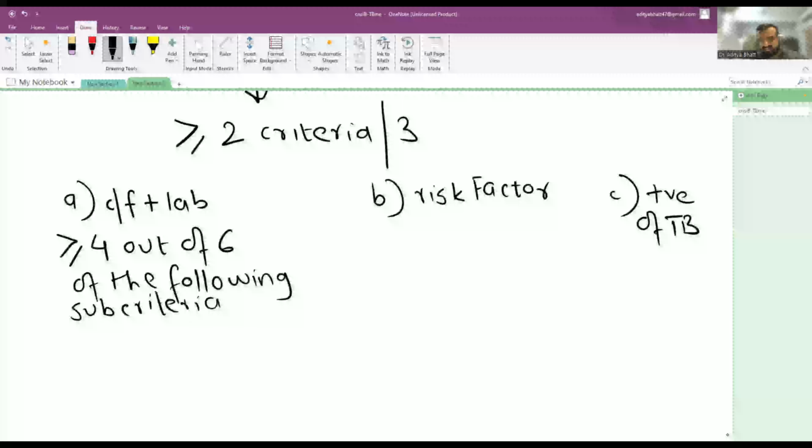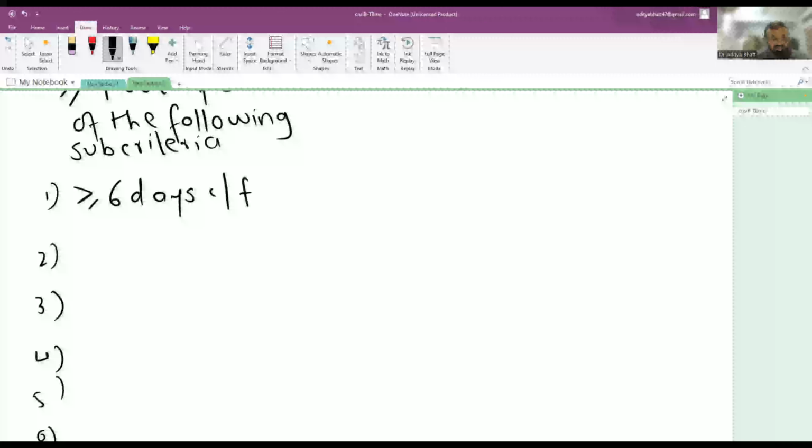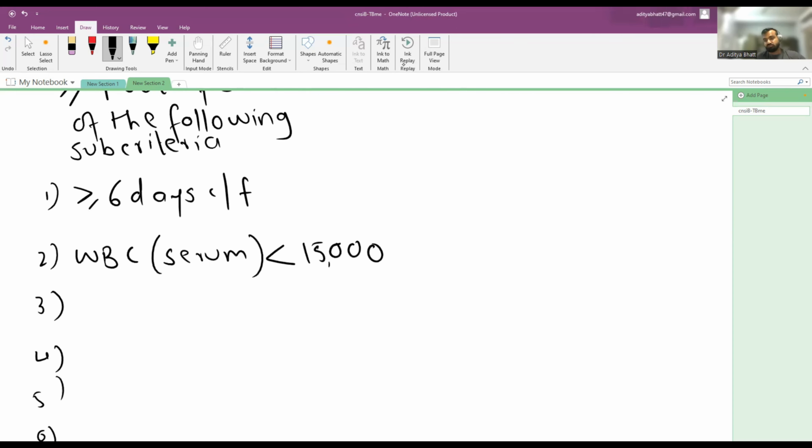So which are the 6 sub-criteria? First, 6 or more days of clinical features. Second, blood WBC in serum should be less than 15,000, not more than 15,000.